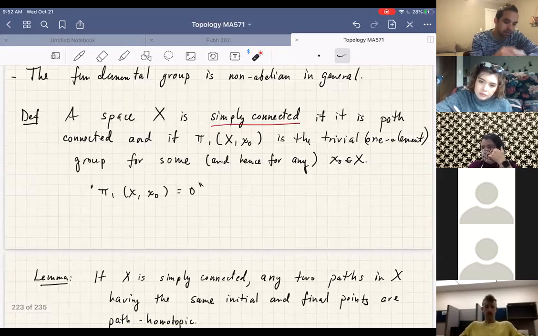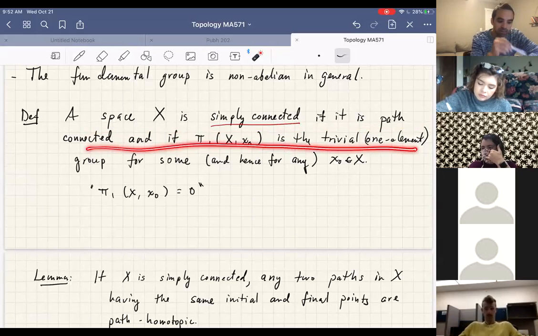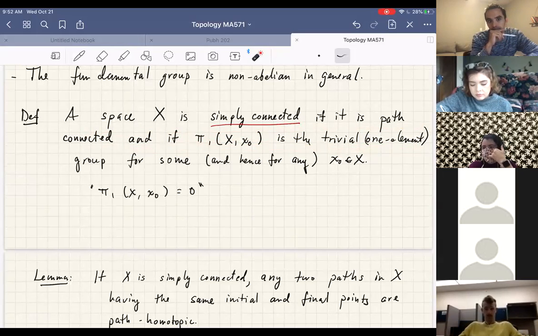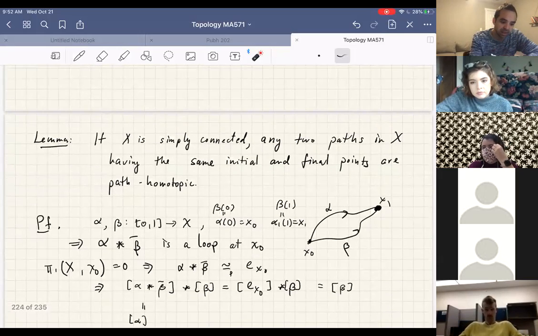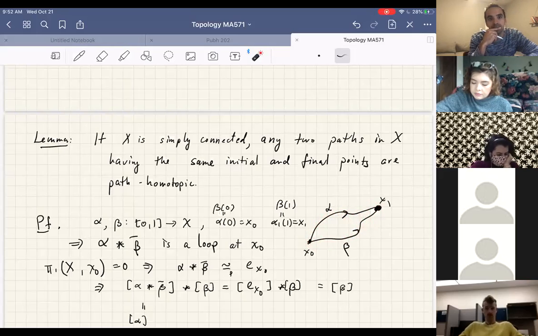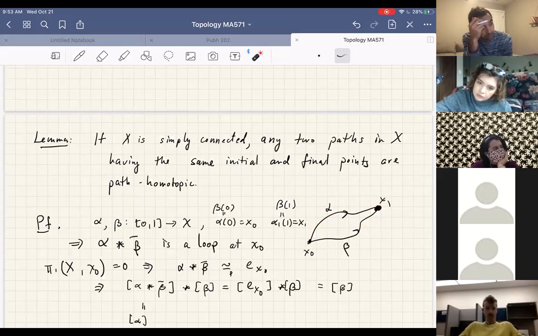A space is simply connected if it's path connected and the fundamental group is trivial. I'm just saying that if this holds, then it follows that any two paths are homotopic. I'm not saying anything about convexity or convex sets. This is for an arbitrary topological space.